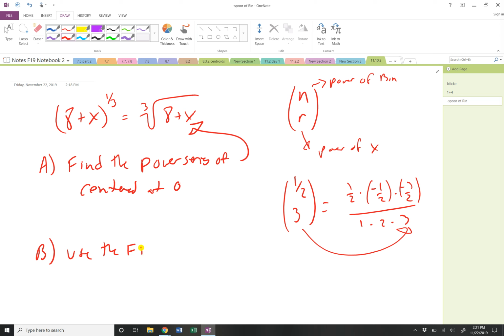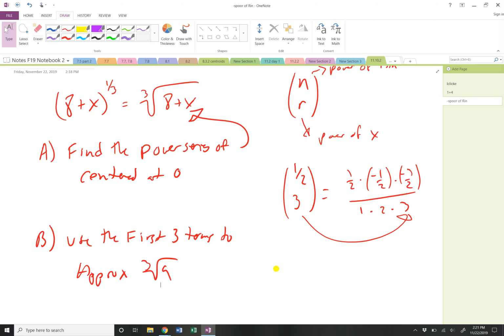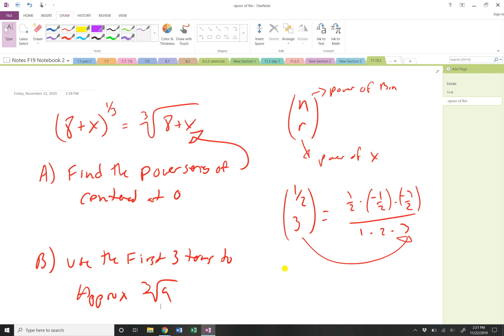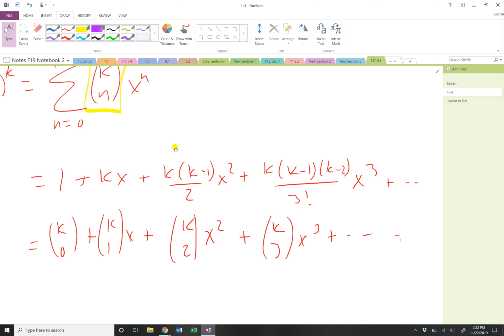Then use the first three terms to approximate the cube root of 9. Okay? So that's your task. I'll write down the binomial series down here again. I guess I'll do it down at the bottom. So can you use what I wrote down over here?